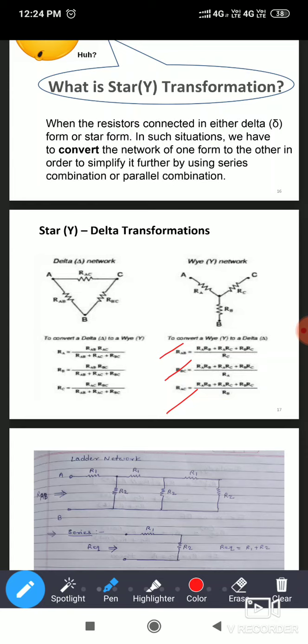So these are the three formulas. So for star to delta, we can use these formulas, and previously we discussed how to convert delta into star. Okay, now we will move to solve some problems based on the above topics, including the last lecture topics. So how to find the equivalent resistance, based on that we will solve some problems. Okay, now I am going to solve some problems here.